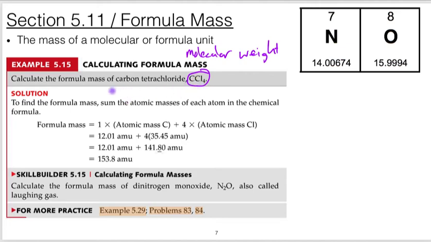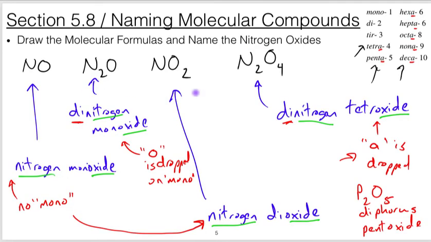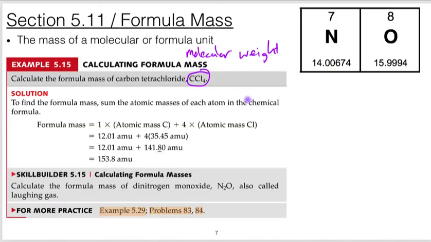There's 1 carbon, so mono is not used in front. There's 4 chlorides, so tetra is used. Remember when I said the O and the A are dropped, that's just for oxide. We want to determine the molecular weight for this compound, or again, formula mass.